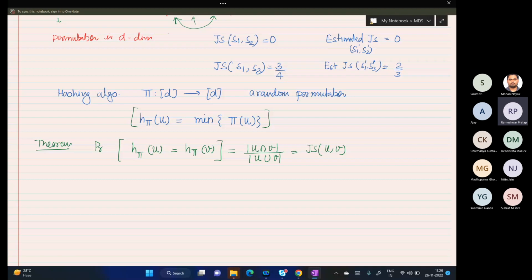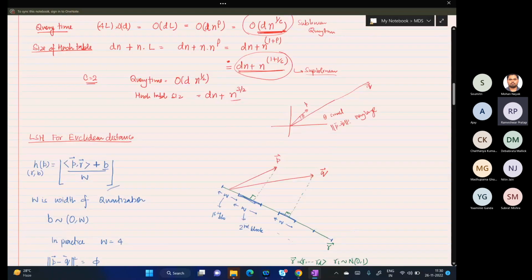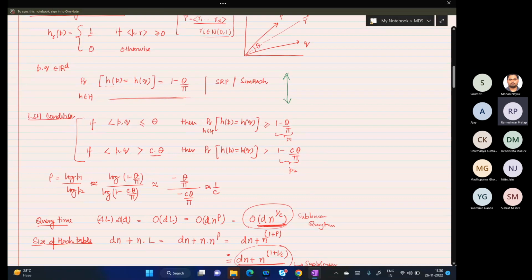Again, we can calculate P1 and P2, and we can calculate rho, which will come out as 1 by C. So is it easy to see this? Exactly the same calculation will follow what we did in case of cosine similarity.